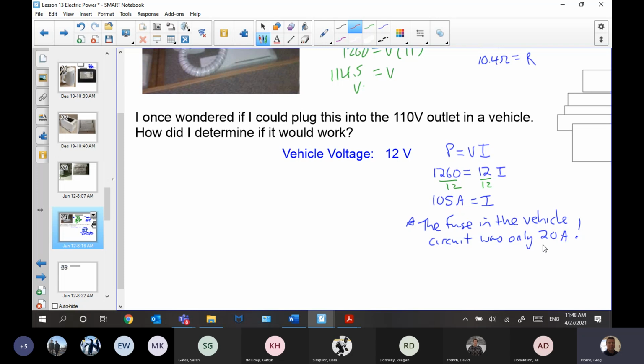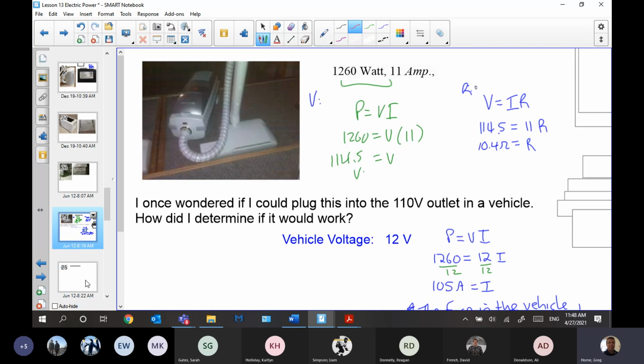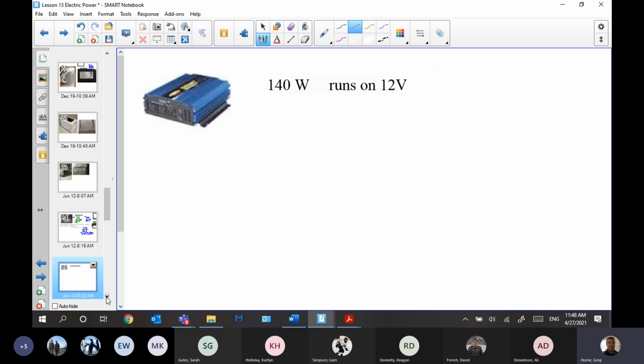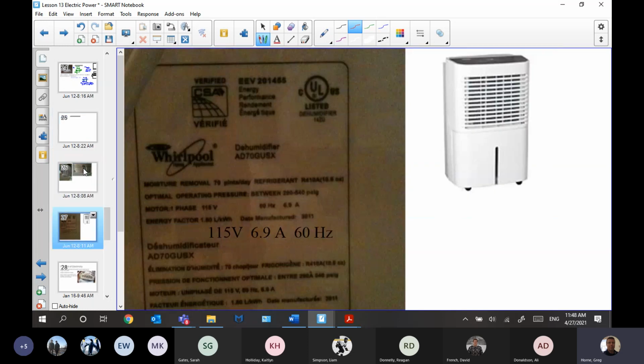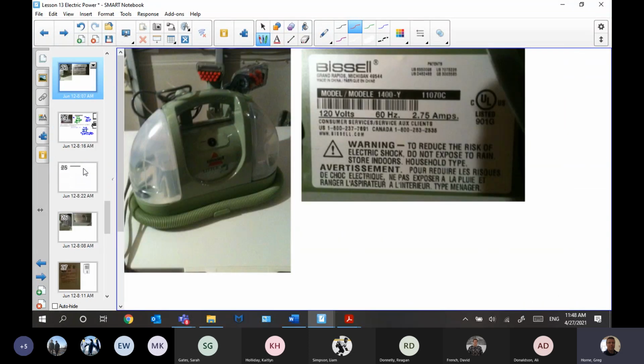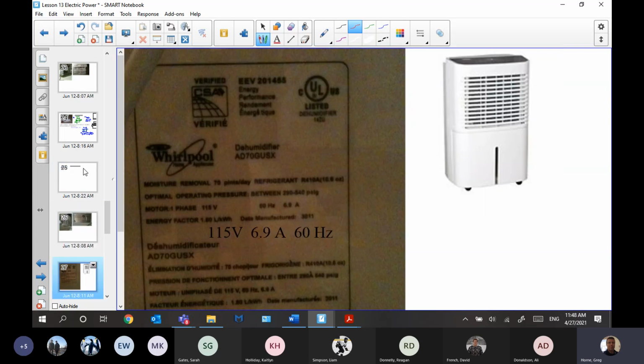Since the fuse in the vehicle is only 20 amps, I don't think that's going to work. I looked into it and determined that it didn't make sense to try and plug it in. But these are just many examples here. You should be able to find some in your house, but if you don't, use some of these. There's easy to find CSA tag info on every device.